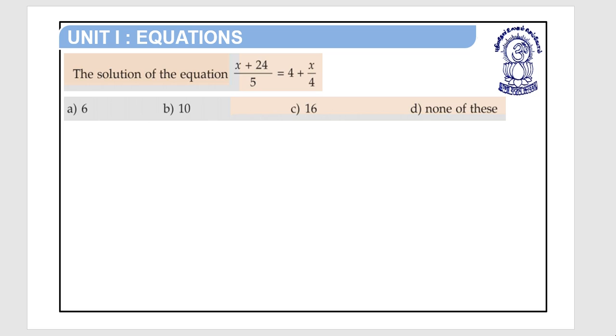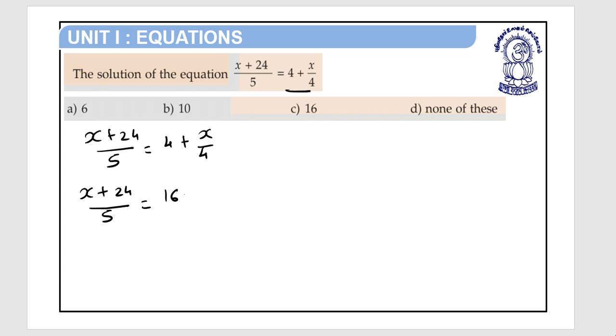The solution of the equation x plus 24 by 5 is equal to 4 plus x by 4. So x plus 24 by 5 is equal to 4 4s are 16 plus x by 4. Cross multiplication: 4 into x plus 24 is equal to 5 into 16 plus x.